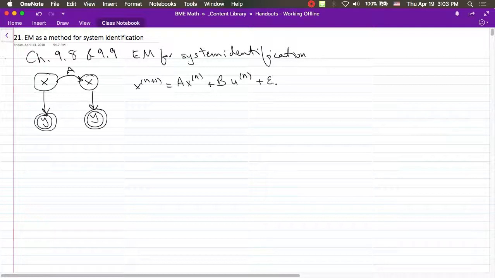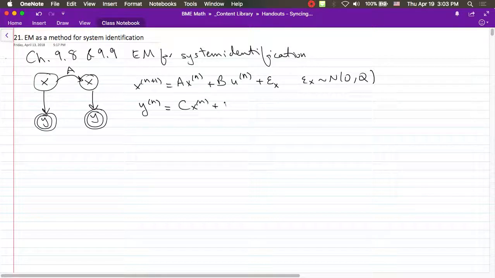And there's some noise, epsilon x, which was normal with variance Q. And then we had measurement, y of n, which was dependent on x of n, plus some other noise, epsilon y, normal with 0 and R. And we made the assumption that we know the parameters of the system.